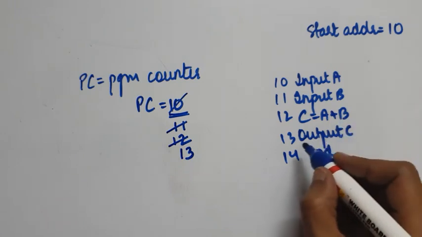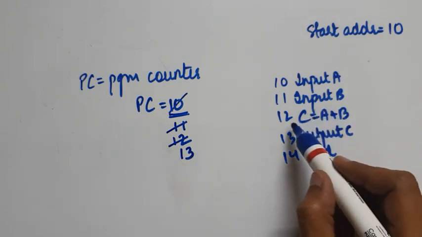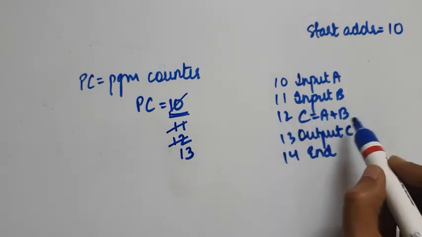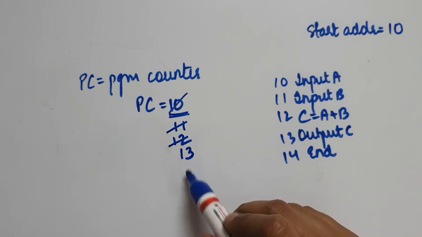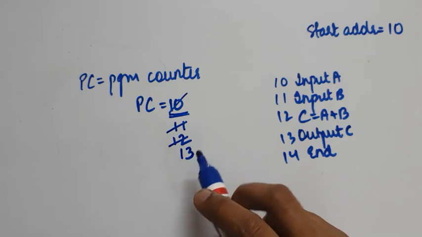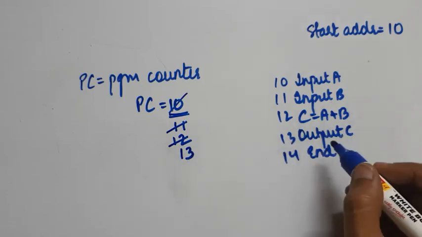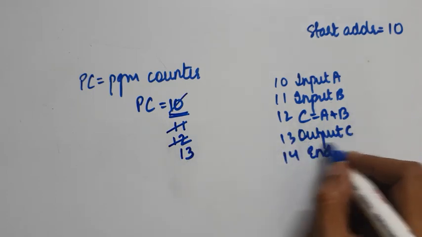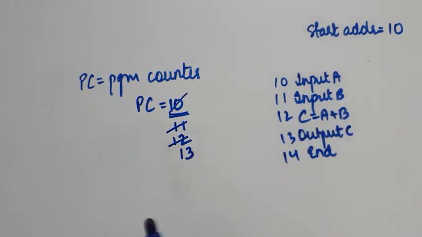After this, when the CPU has executed the instruction written on 12, it will come back to PC asking where it has to go now. The PC will tell it that you have to go to 13. So it goes to 13 and it fetches output C into the instruction register that we've just studied in our block diagram.